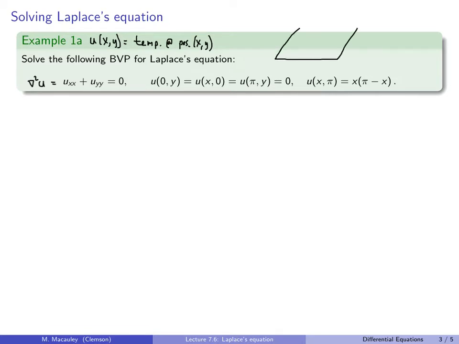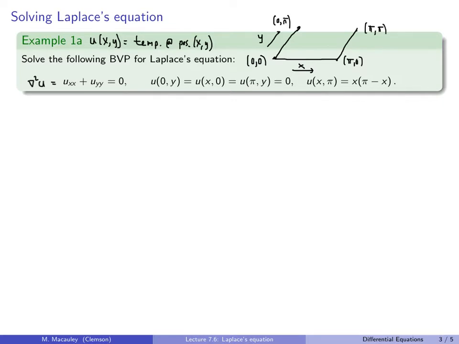I'm not going to draw the back just for the moment, and you'll see why in a second. Let's suppose that x is going in this direction and y is going in this direction. So this point here is (0, 0), this point right here is (pi, 0), this point in the back is (0, pi), and this other point is (pi, pi).